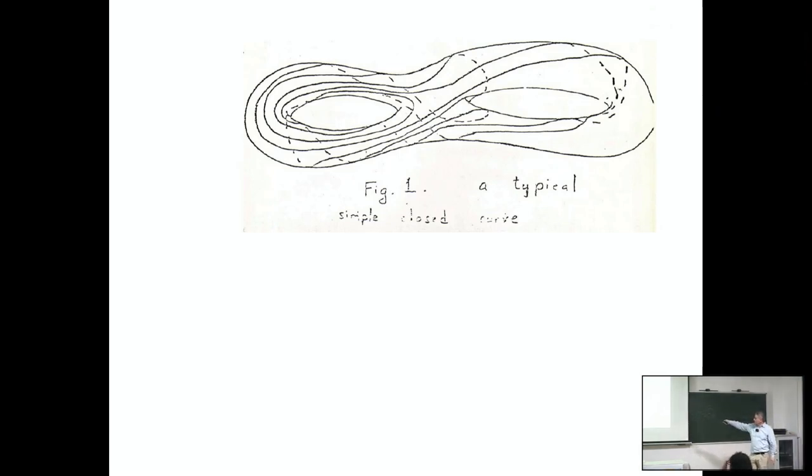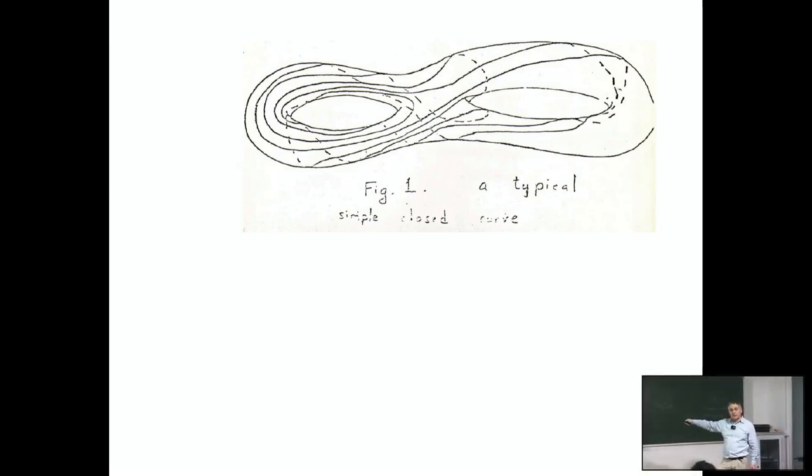So this is a picture I wanted to show you. It's drawn by Thurston, in fact. I have these notes from the first lectures he gave on this. He drew here a typical simple closed curve, more complicated than the one I drew here.